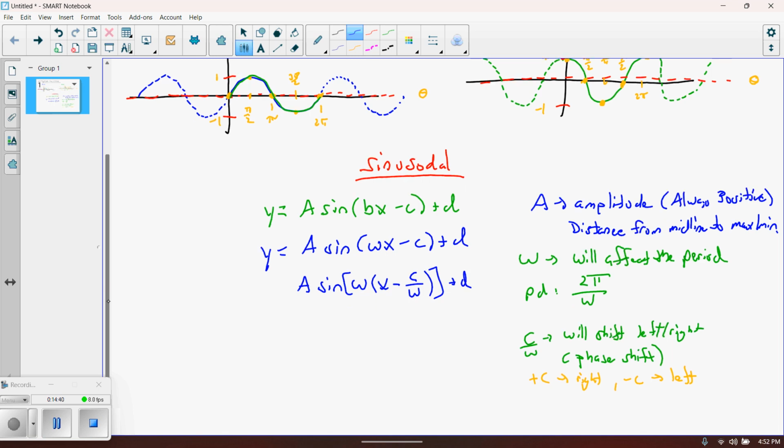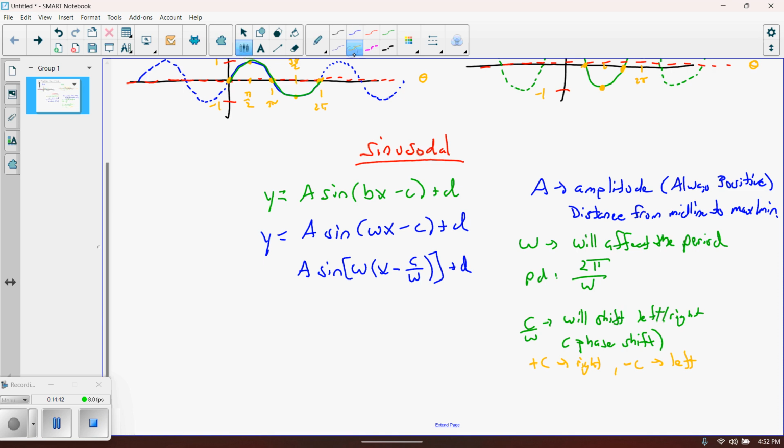And then the last part is probably the easiest one. That's your D value. D is a vertical shift. It's literally going to shift the entire sine or cosine wave up or down however many units. If D is positive, it goes up that many units.